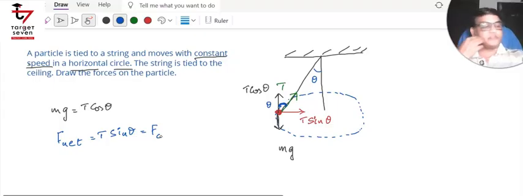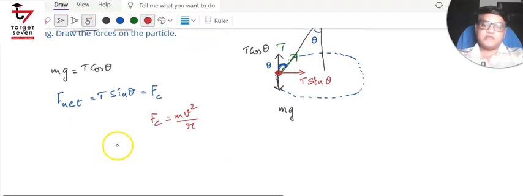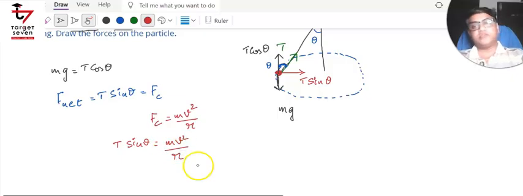And are we also aware that the formula for centripetal force is mv squared upon r? Therefore T sin theta, playing the role of centripetal force, will be equal to mv squared upon r.